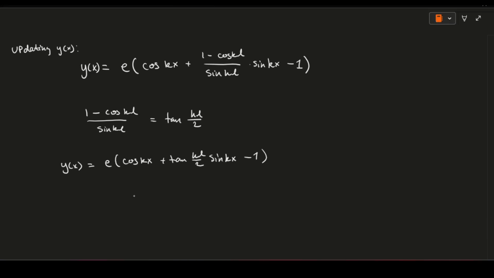We know that k is equal to the square root of p over EI.